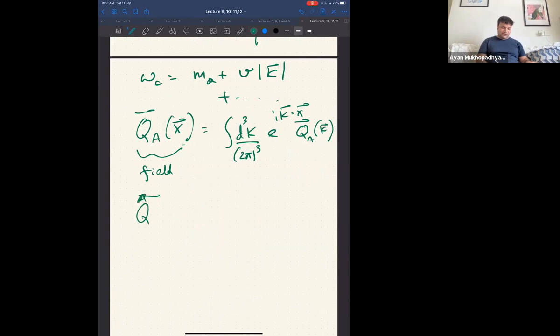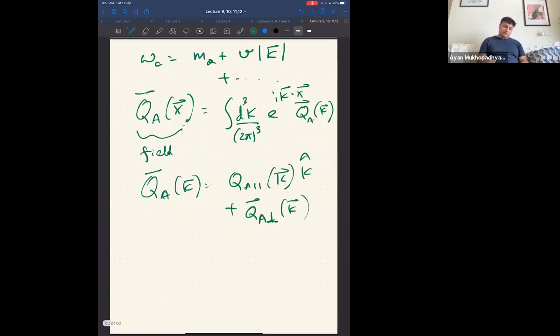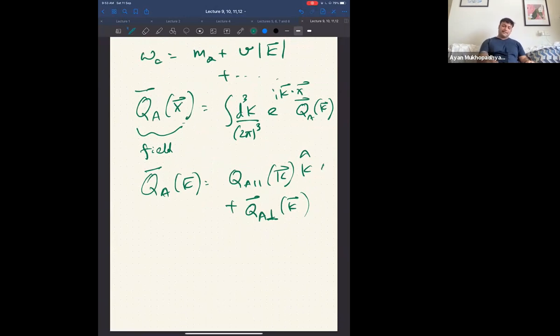So at the level of q_a(k) itself, you can say that a part of it is irrotational, so you write q_a parallel(k) k hat plus q_a perpendicular(k), where you simply decompose this into something parallel to k and something perpendicular to k, right?